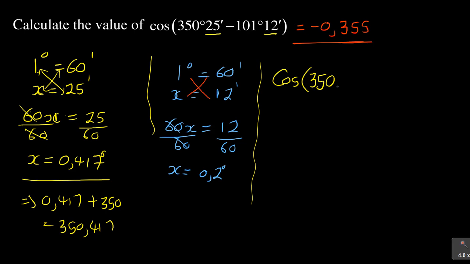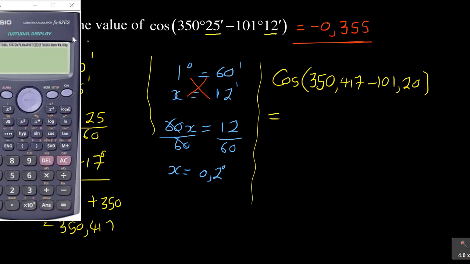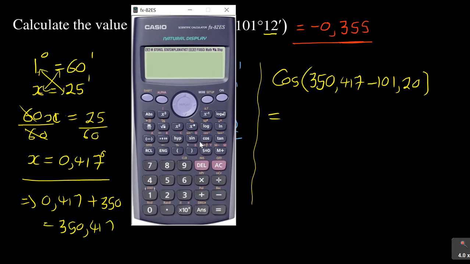So that's what it became. So 350,417 minus 101,20. If you solve that using a calculator, you are going to say cos 350,417 minus 101,20 or comma 2. You don't have to put that 0, it's still going to give you the same answer.